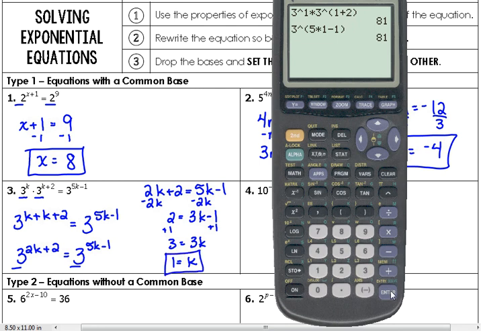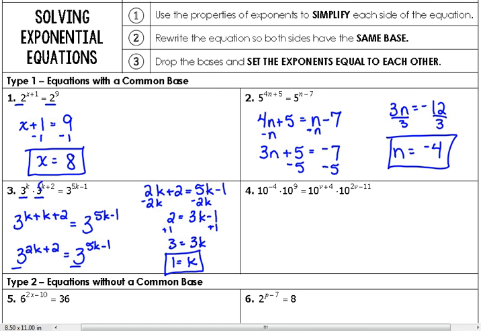So 1 is the correct answer. I wanted to plug that in to point out the use of parentheses. When there is more than one term in the exponent, I've been encouraging you to go ahead and put parentheses around it so that you remember to type that in the calculator.